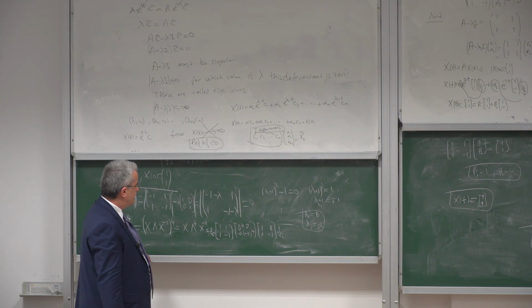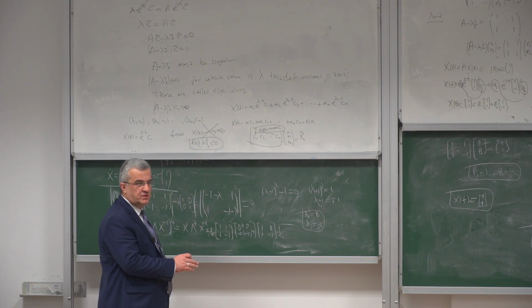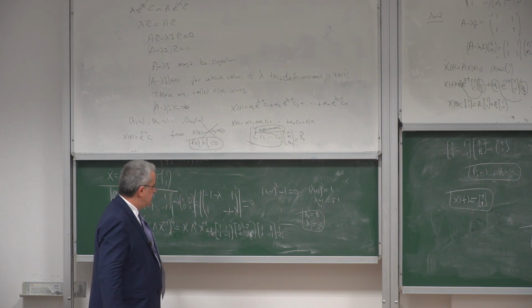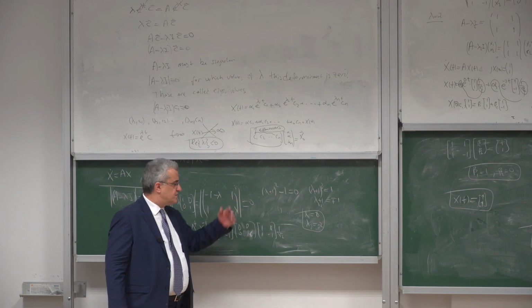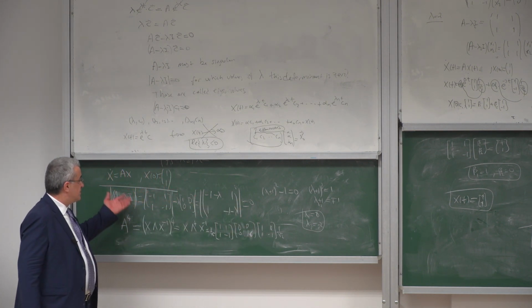So what is minus 2 to the 4? 16. So this is 0 and this is 16. You can just multiply it out, or you can leave it like this. So this is the 4th power of A.